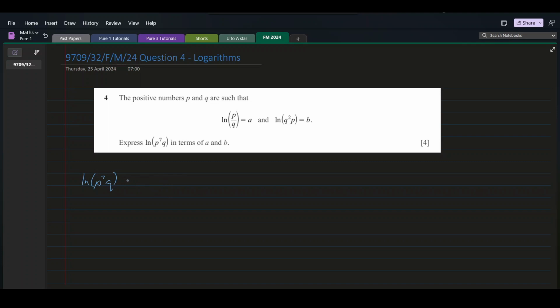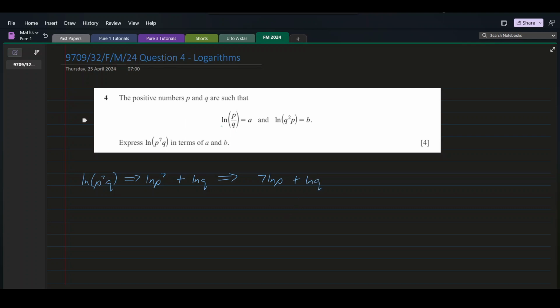So using laws of logarithms, we can simplify this to become ln p⁷ plus ln q, which can be further simplified to 7 ln p plus ln q.